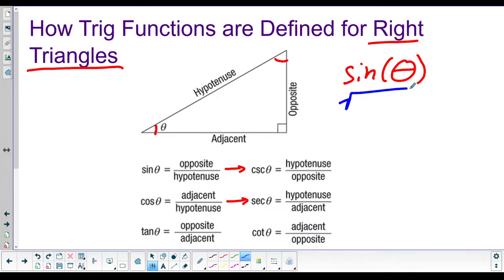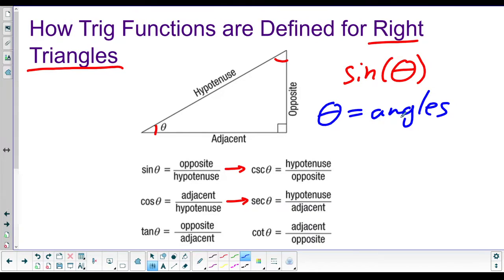It's like the square root of theta. You don't say the square root times theta. It's the square root of theta. It's sine of theta. The theta is inside the sine. And now you're going to say, what the heck is theta? Theta is a Greek letter, and this is just the variable we use for angles.